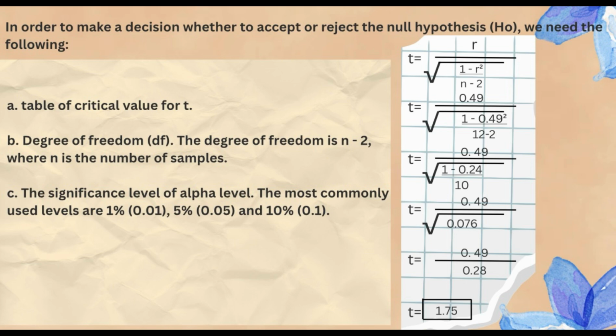After substituting the values into the formula, we solve for the computed t-value. Then we compare this computed t-value with the critical value of t from the t-table using the degrees of freedom of 10. After computing this t-value, we get 1.75.